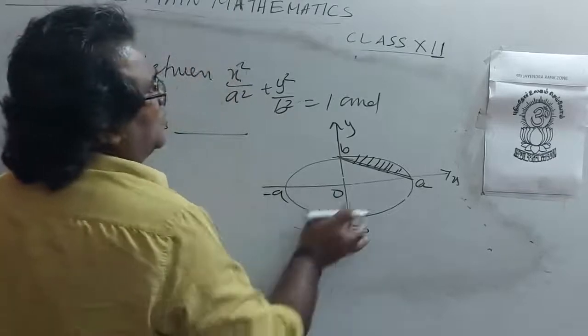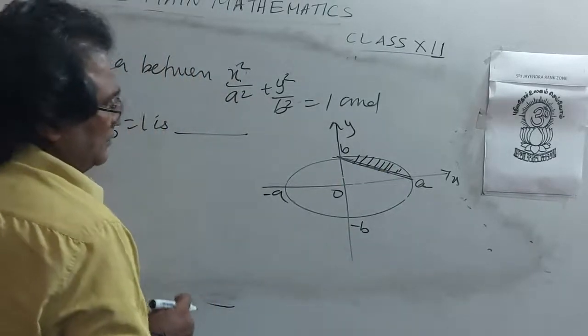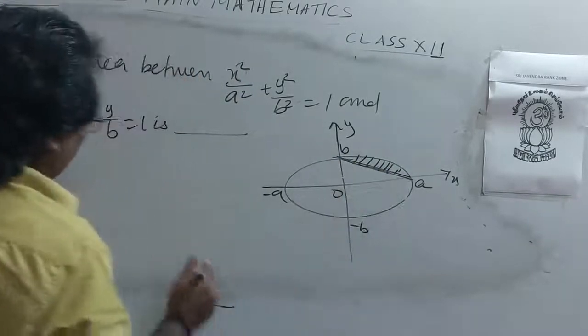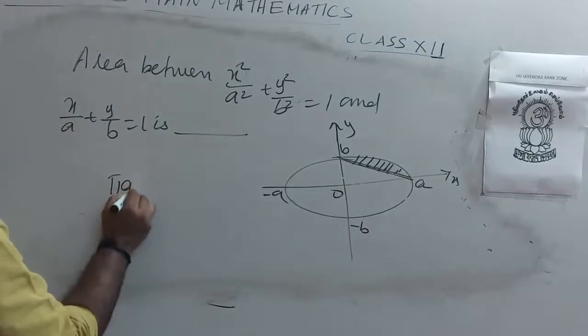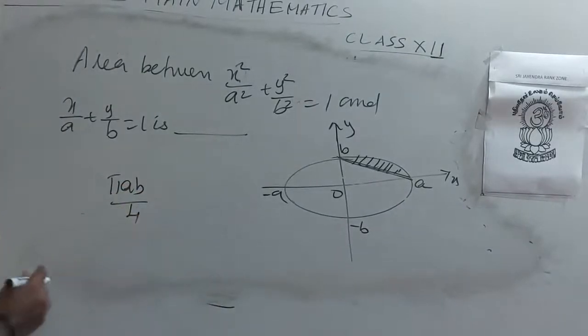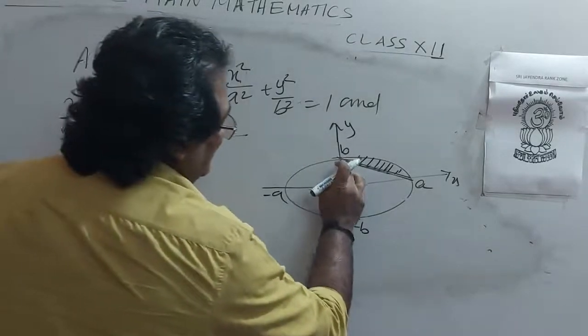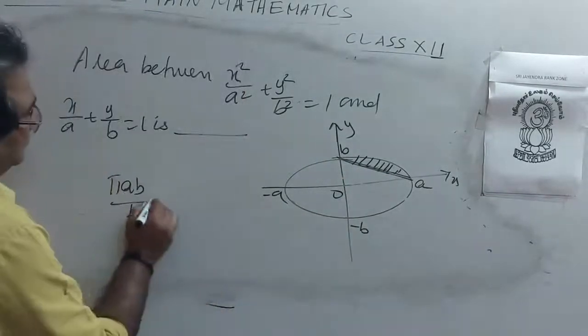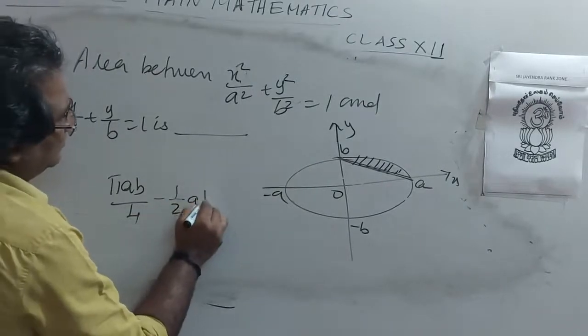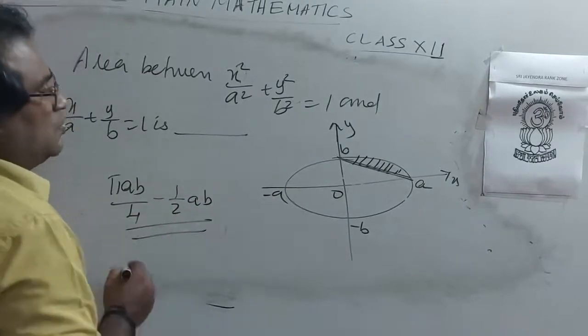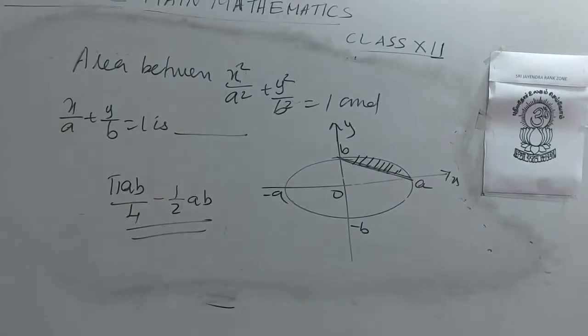To find this area, find the area of the first quadrant, that is pi ab by 4, and subtract the area of this triangle, half ab. So pi ab by 4 minus half ab.